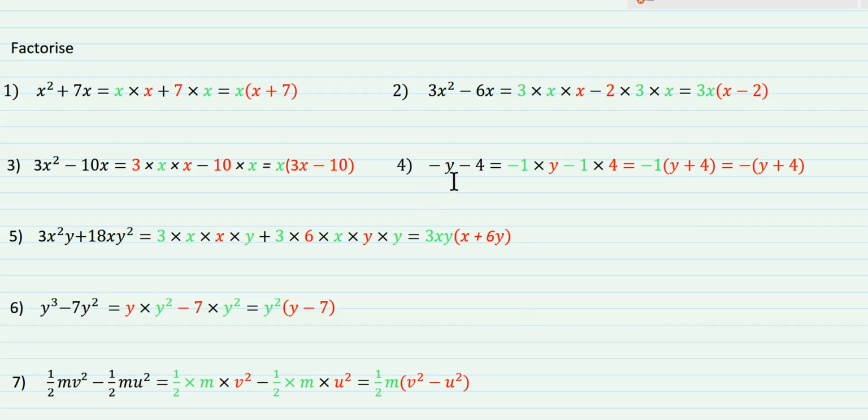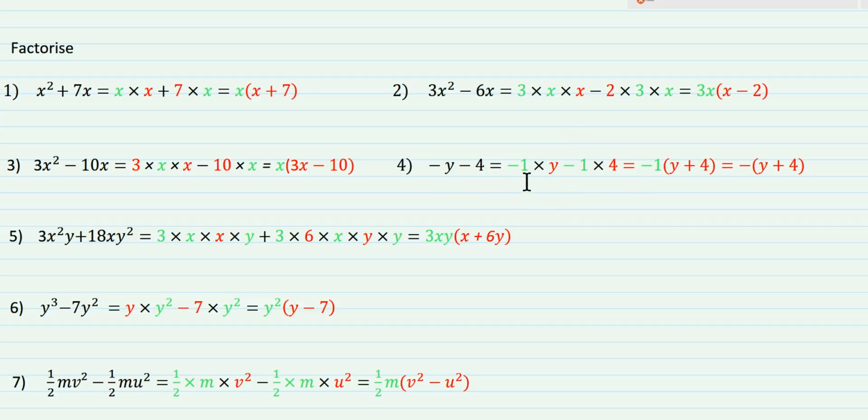So here we have minus y minus 4. Now this can be written like this, as minus 1 times y and minus 1 times 4. So there are actually invisible ones in front of the y and the 4, so it can be written like this.